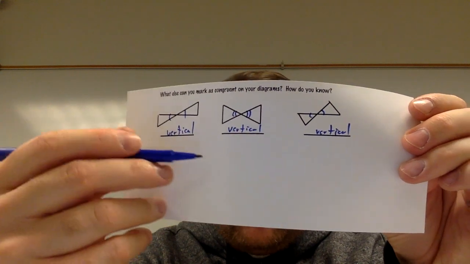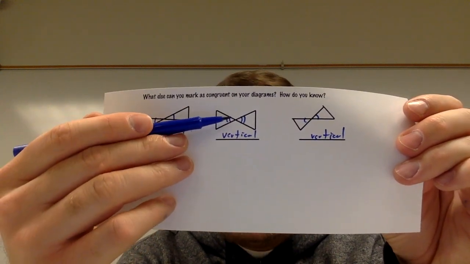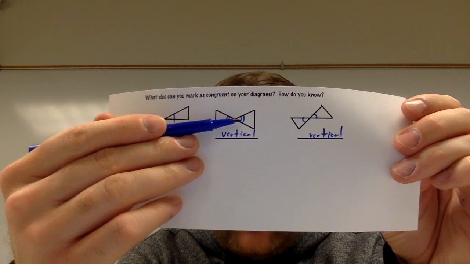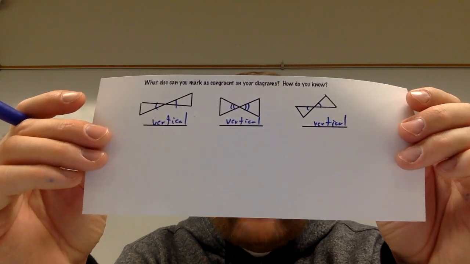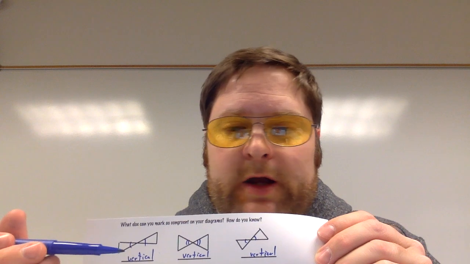I decided to put 2 on this angle right here, so I needed to also put 2 on the second one. Each time you see vertical angles on any triangle pair, make sure that you put in those vertical markings. Good job.